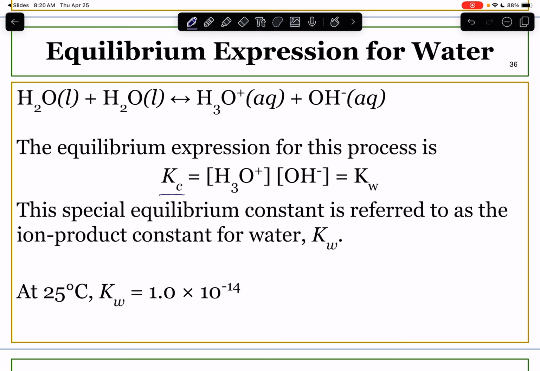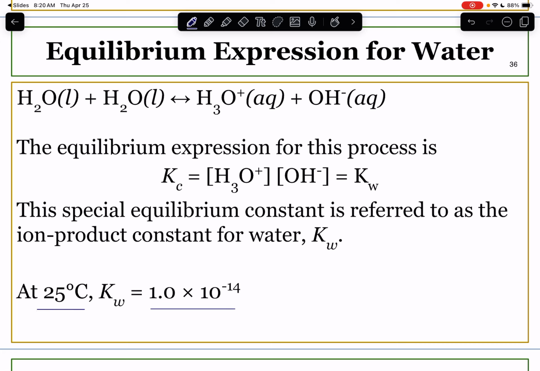So the equilibrium constant, instead of putting a C for concentration, we often put a W for water. So this is often called the KW. And this value, KW, in any solution, not just pure water, but in any solution, is 1 times 10 to the negative 14. This is specifically at 25 degrees Celsius.